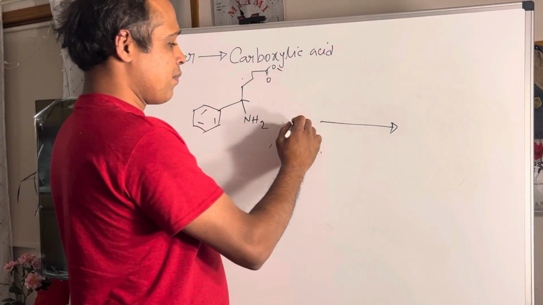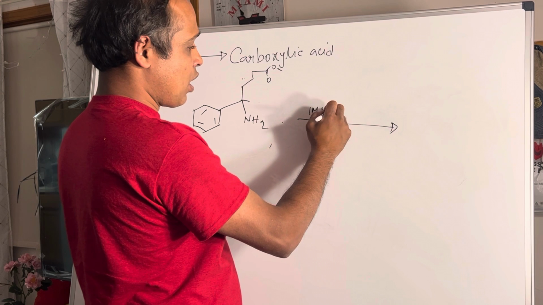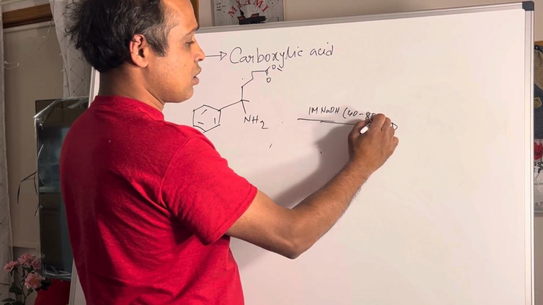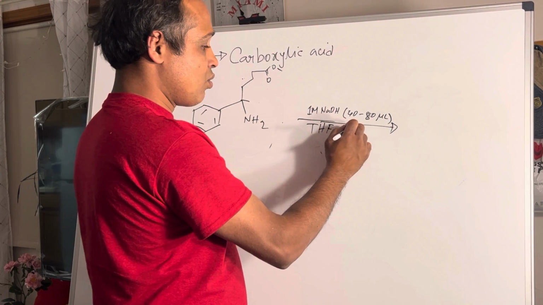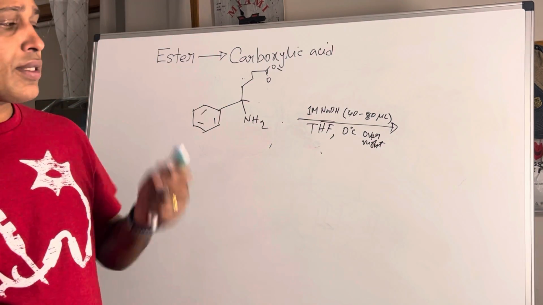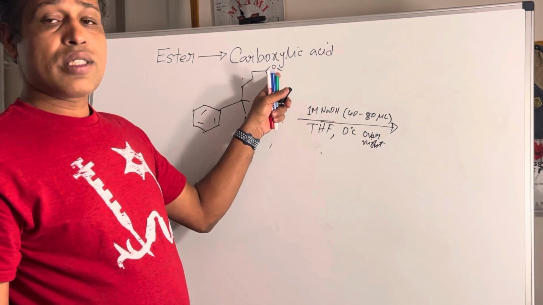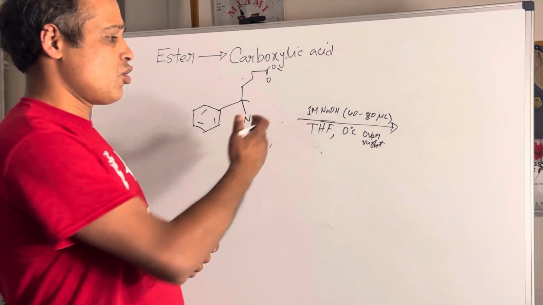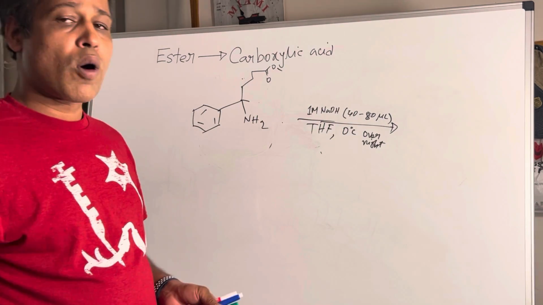In that case, I'll use a very tiny amount of sodium hydroxide, 1 molar sodium hydroxide, maybe 40 to 80 microliters, depending on scale, in THF at 0 degrees Celsius overnight. You have to maintain the temperature at 0 degrees Celsius. That is the important thing for this kind of reaction when you have the amine versus the ester, because once the ester forms the carboxylic acid, that can react with the amine, or it can be problematic and will not be clean. But if you keep it at 0 degrees Celsius continuously overnight, like 20 or 16 hours, this will give you the clean carboxylic acid.